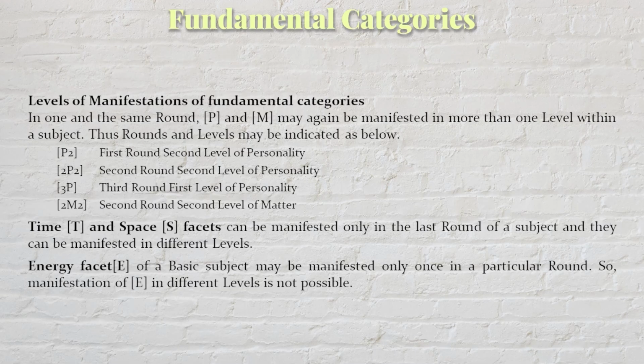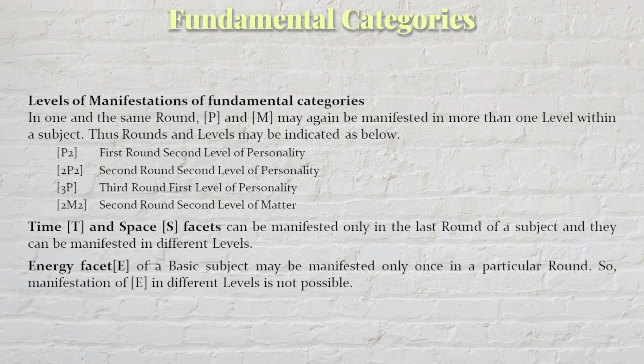That is, P2 indicates first round, second level personality facet. 2P2 indicates second round, second level personality facet. 3P indicates third round, first level of personality facet. And 2M2 indicates second round, second level of matter facet.